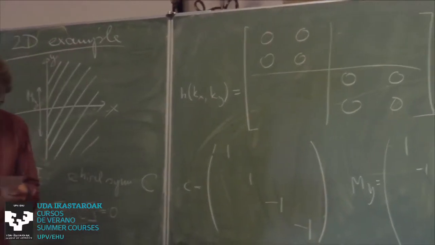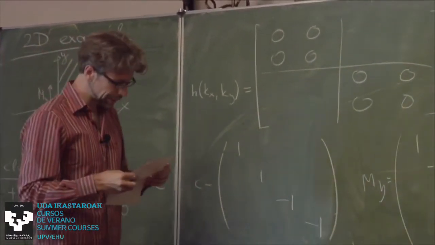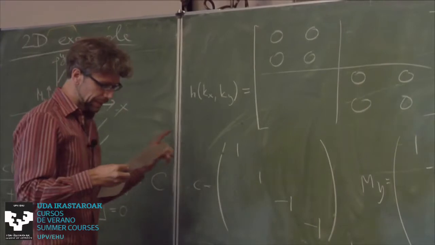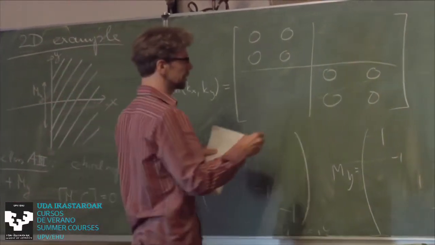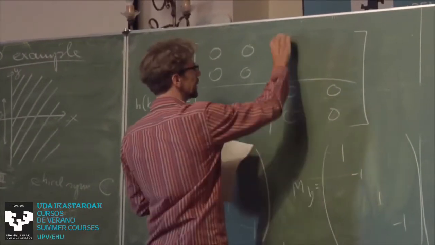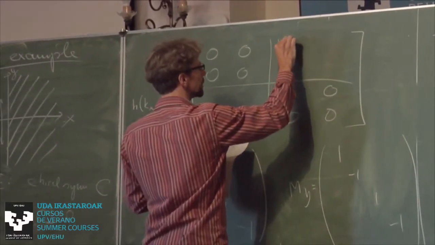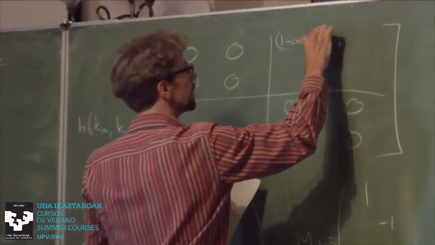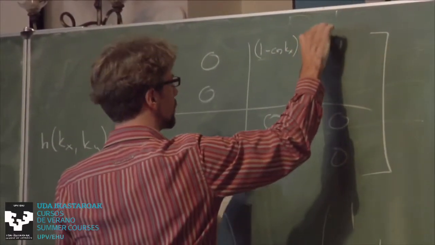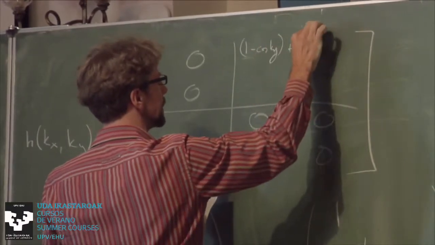Now we'll fill in some Q and Q dagger. What we're going to do is use this SSH chain, similar to how we constructed it in the Chern insulator. We're going to write 1 minus cosine kx plus e to the i ky. Sorry, I'll do ky here, kx here.